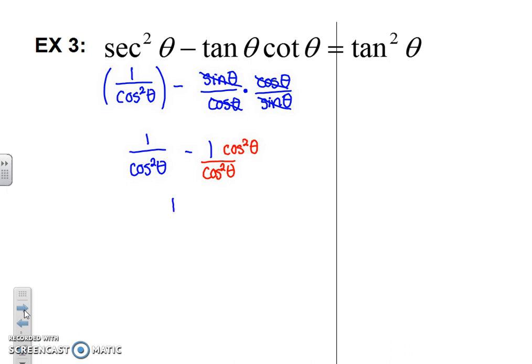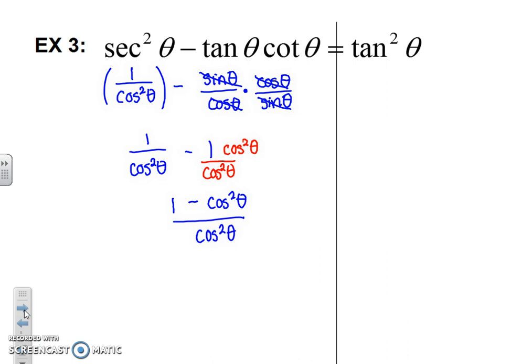So we have 1 minus cosine squared theta over cosine squared theta. Now, this looks nothing like tangent squared theta, but there is an identity that we can see here.